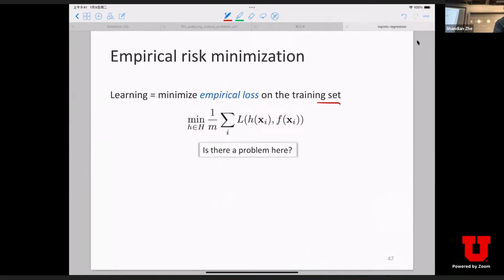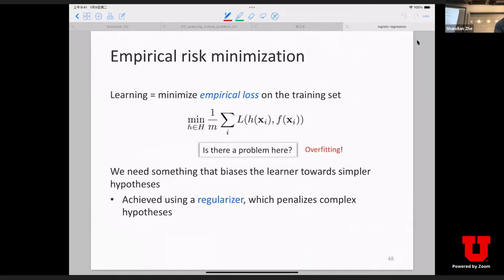And is there a problem here? Yes, because it brings the risk of overfitting. So we need something that biases the learner towards simple hypotheses, meaning that I want to penalize the model complexity simultaneously. We do not want to always pick a model that is so expressive, so big, that it can 100% fit every training example.